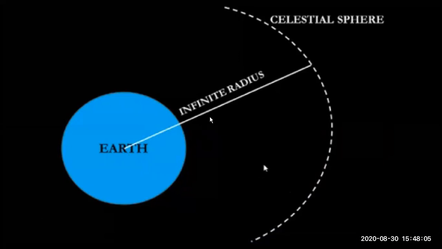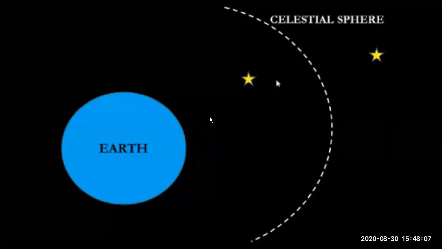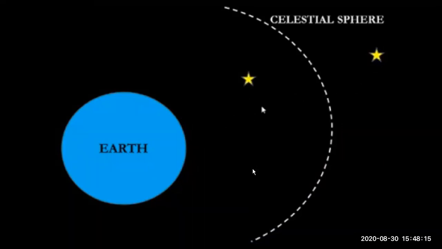All the astronomical bodies like your stars, moon... So you can see this star is closer and this star is far away. But for astronomical navigation, the stars are very far away. That's why they are all projected on the celestial sphere.